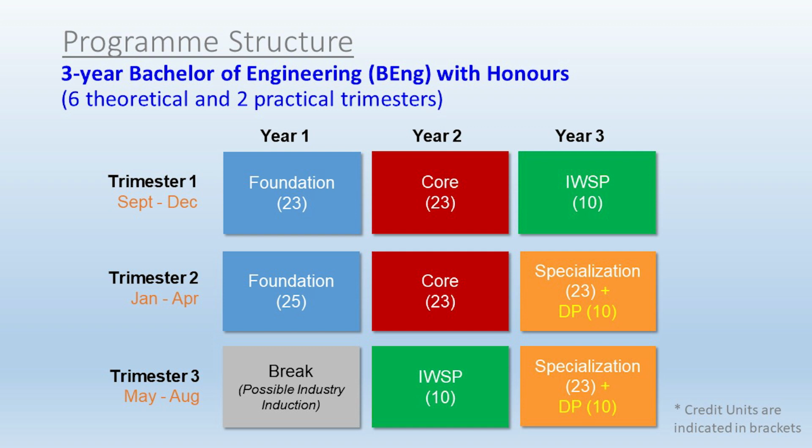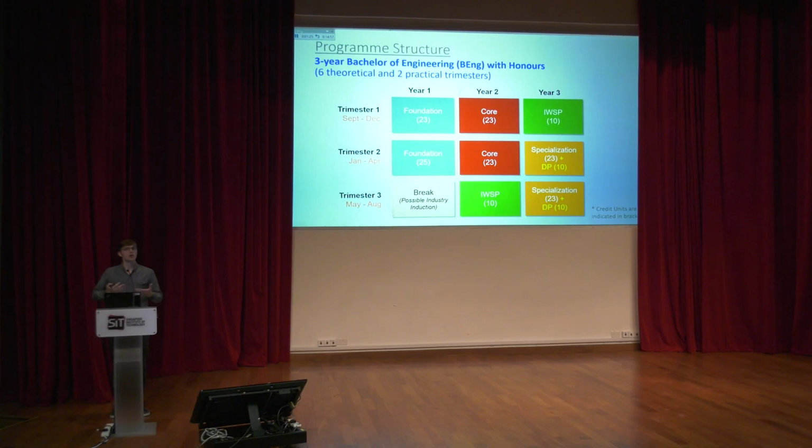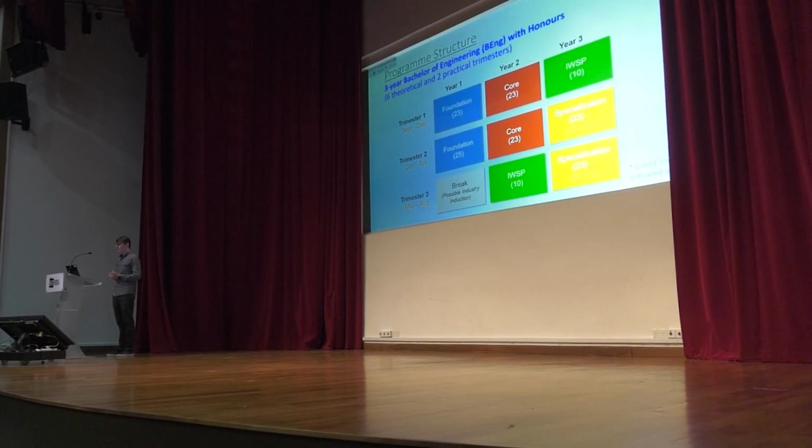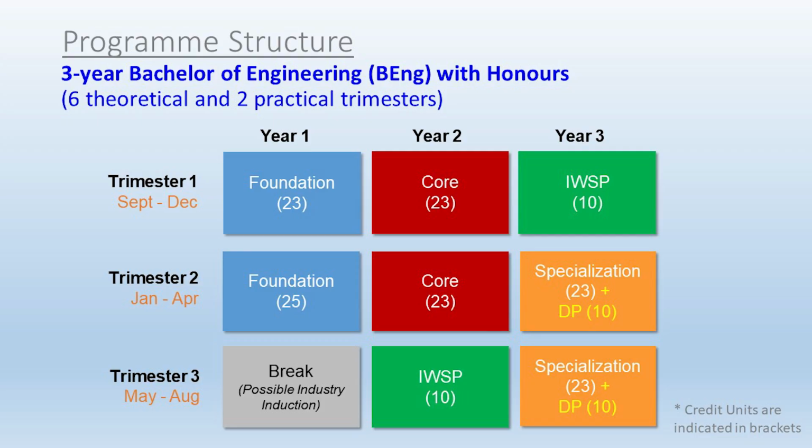And in year 3 you can also see that DP stands for design project, which is basically a final year, individual project where our students should demonstrate their abilities, what they have learned throughout the 3 years, in the form of a prototype, setup or project. In the brackets, if you wonder, those numbers represent the credit units for each trimester, so the sum over all modules of this particular trimester.